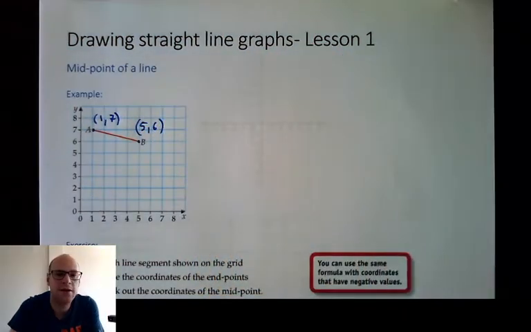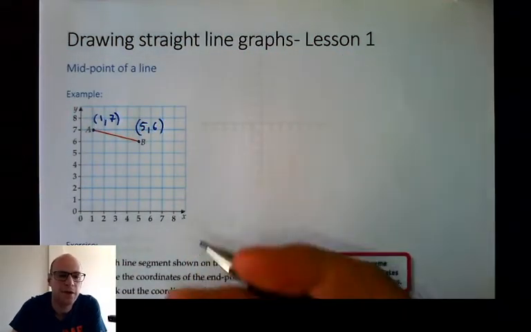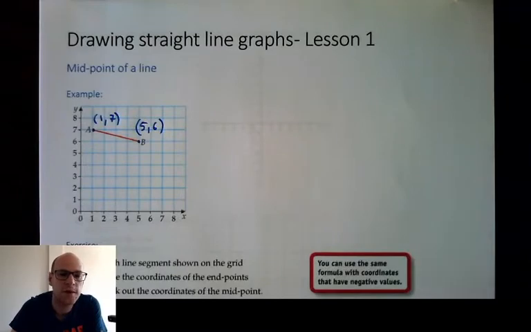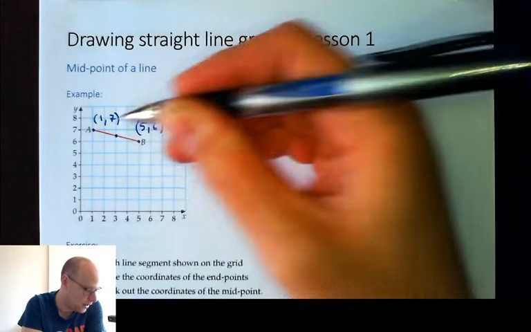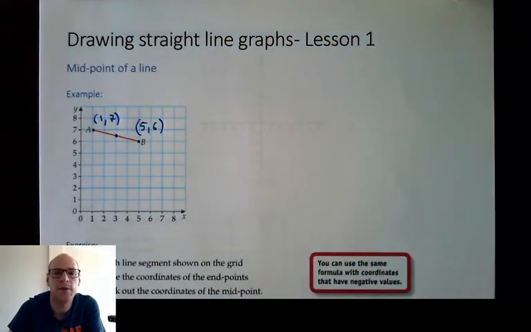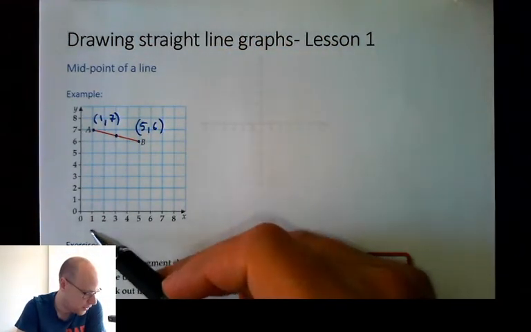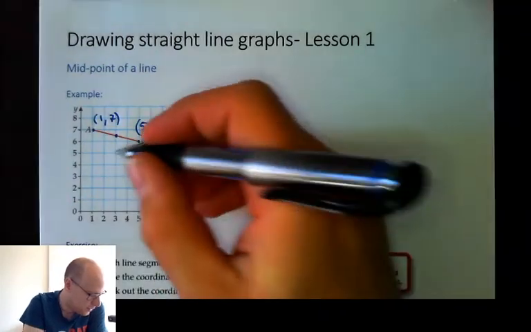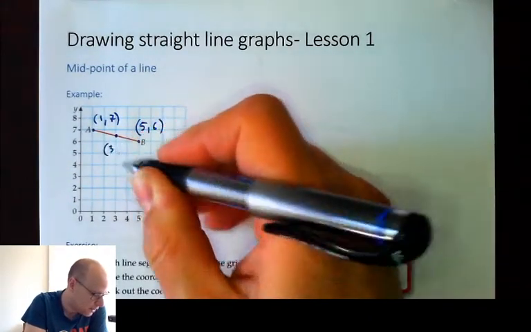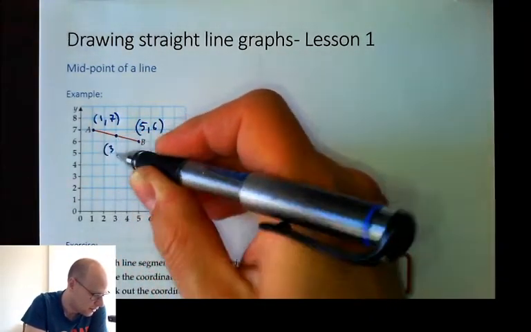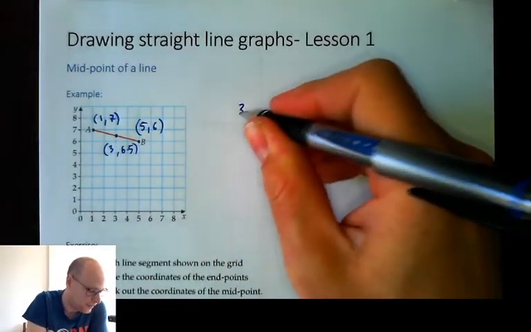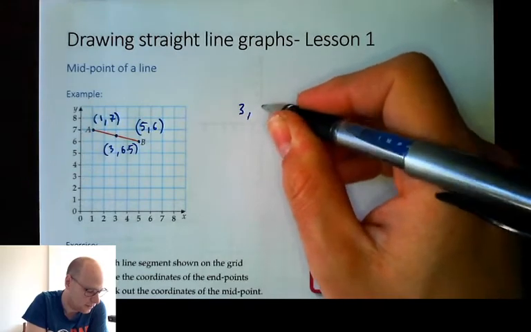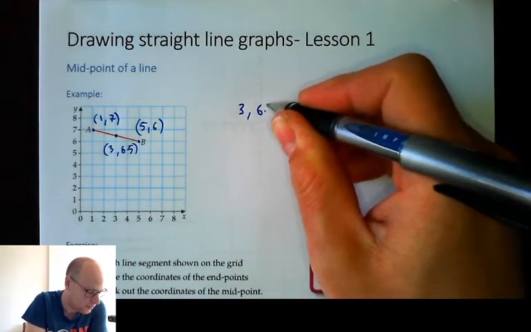So there's actually two ways of finding a midpoint. This one is nice and easy because it's already been drawn for you, and you can probably just work out by looking where the midpoint's going to be. So I reckon the midpoint's going to be 3 and then 6.5. So my answer is that the midpoint of that line is at 3, 6.5.